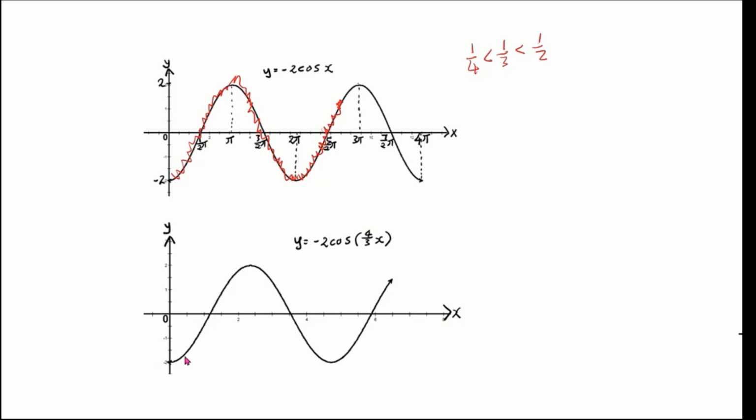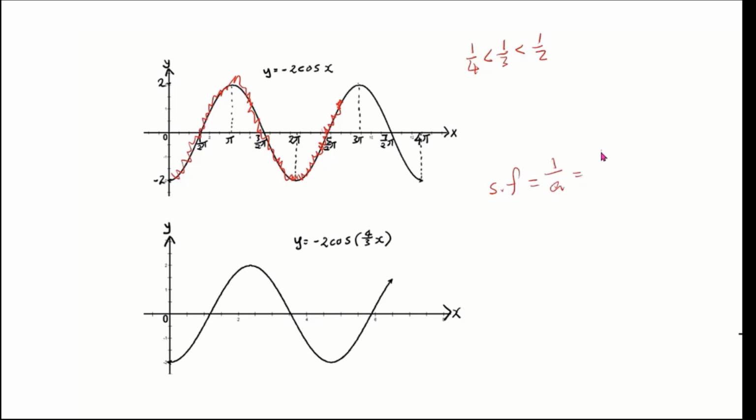Now we need to label the graph. To do this, when we refer back to the equation, this one is cos 4 over 3x. So 4 over 3 means we need to carry out enlargement by using scale factor equal to 1 over a.